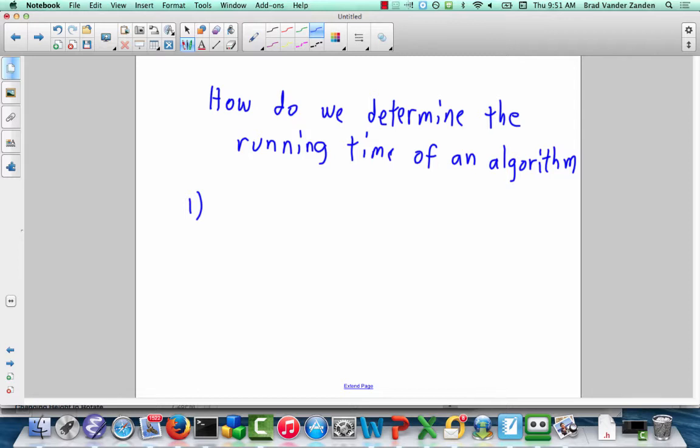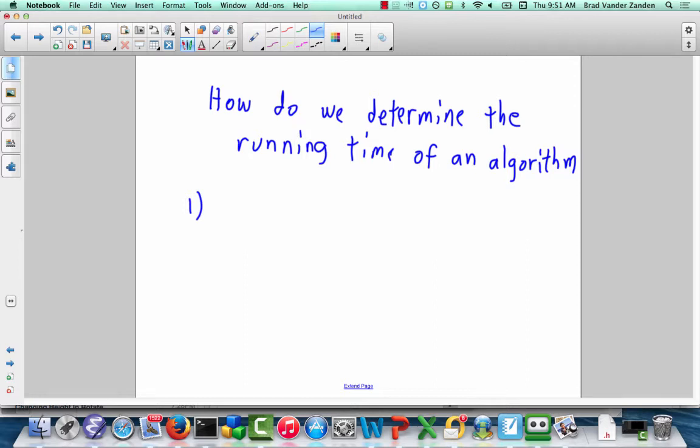First of all, let's say I run an AVL tree algorithm on a computer and it takes 10 seconds. What questions would you want to ask about that? So it took 10 seconds to run. What do you think affects the running time, the 10 seconds?